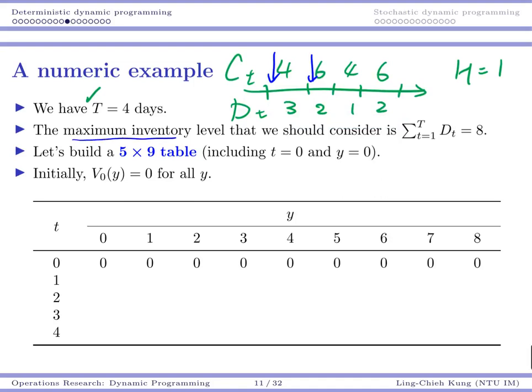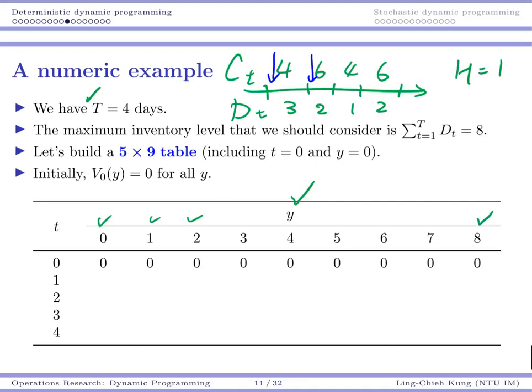So the maximum inventory level that we need to consider is the total demand, which is 8. Because we have 4 periods, if we include period 0, then we have 5 rows here. And of course, in your implementation, you can have only 4 rows for 1, 2, 3, 4. And for y, the possible values are 0, 1, 2, up to 8.